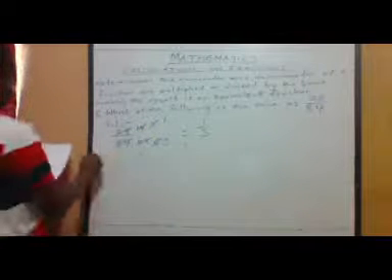Number 7. Solve 1/5 plus 3/10. Solution to this: 1/5 plus 3/10.